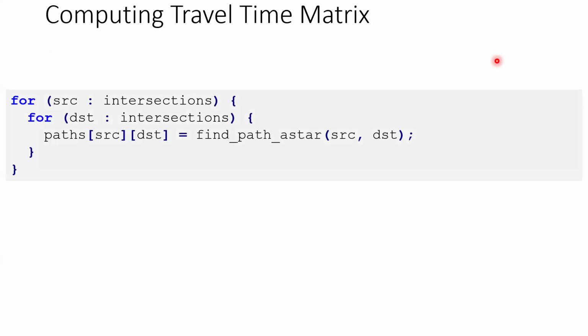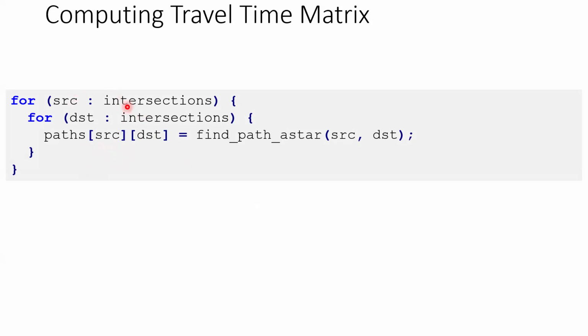If we want to do it by computing the path, the most naive way is that we do it for all of the source intersections and all of the destination intersections, and we compute the travel time, the path between those.